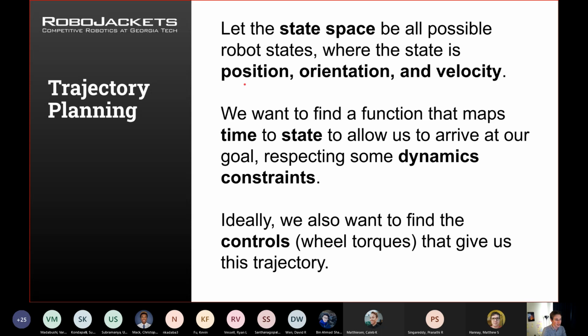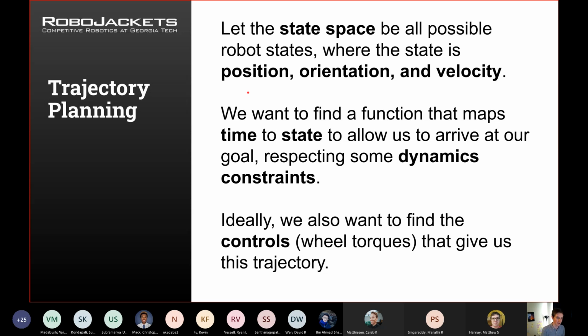So the gist of it is that we no longer care just about the position and orientation. We also care about all of our velocities. This means for most of our robots, x velocity, y velocity, and angular velocity, how fast we're turning, right? And all these things that we need to describe our robot, we call our state.